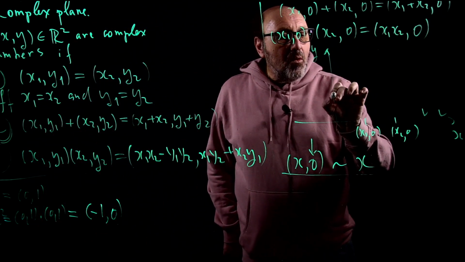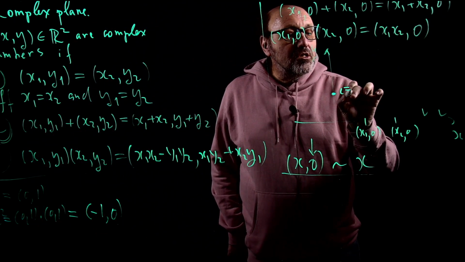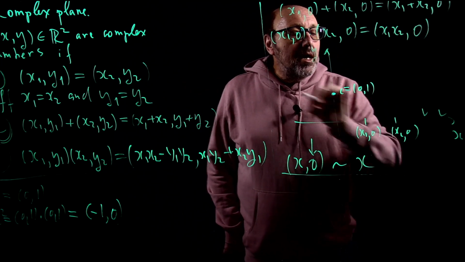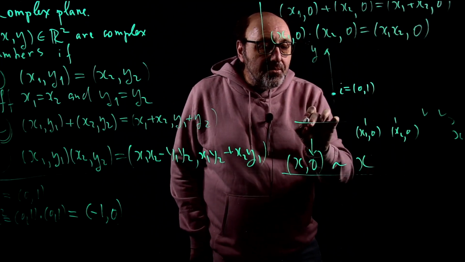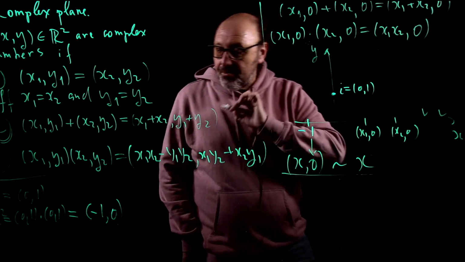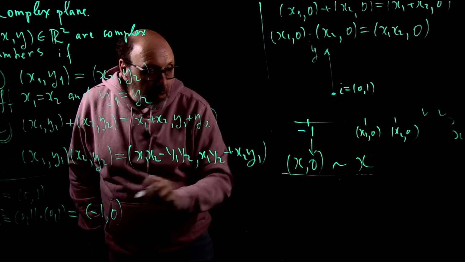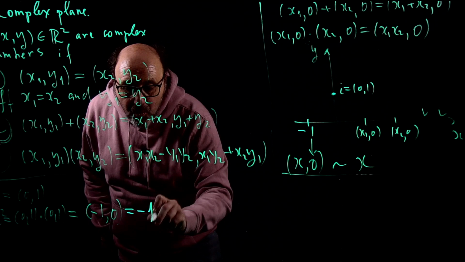So our i is here, this is just this point, and its product is here. So this is negative 1, and by our convention, this is just -1.